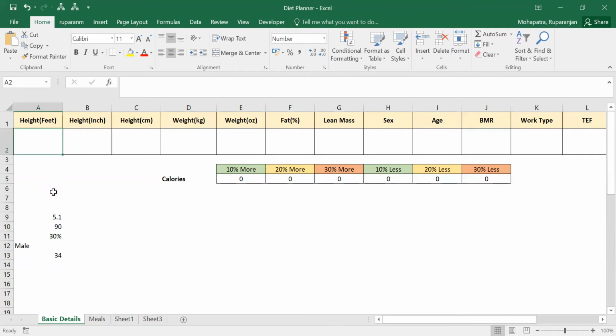Let's first put the height. Here I have given it in feet and inches, so 5 feet and 10 inches.